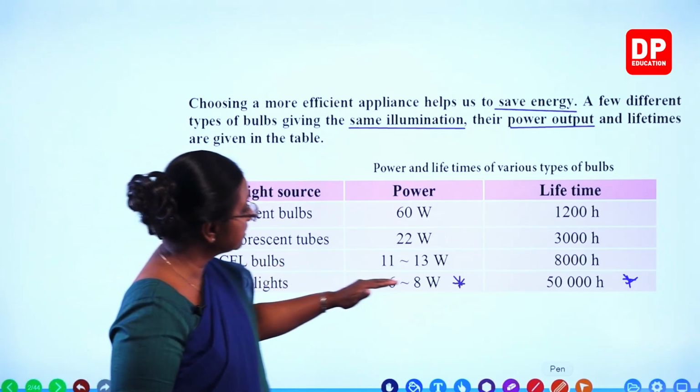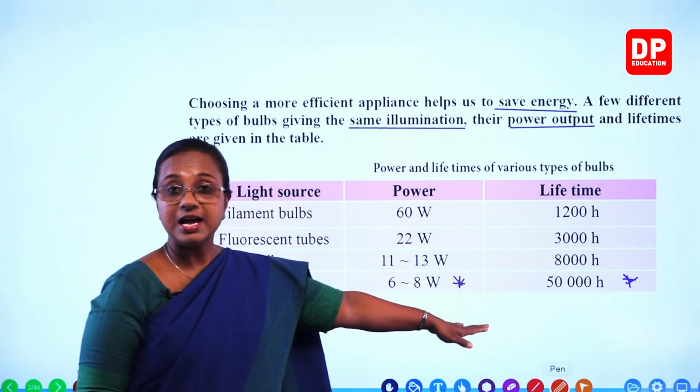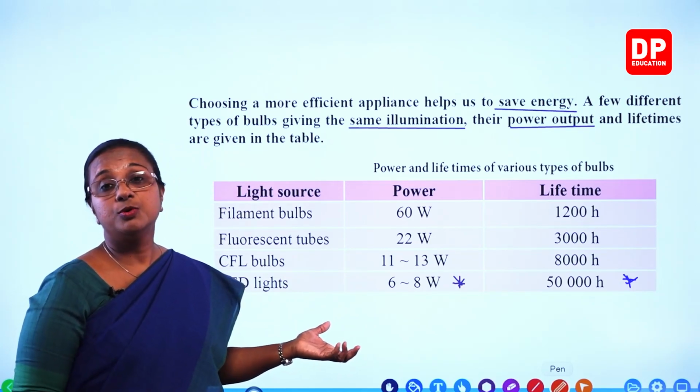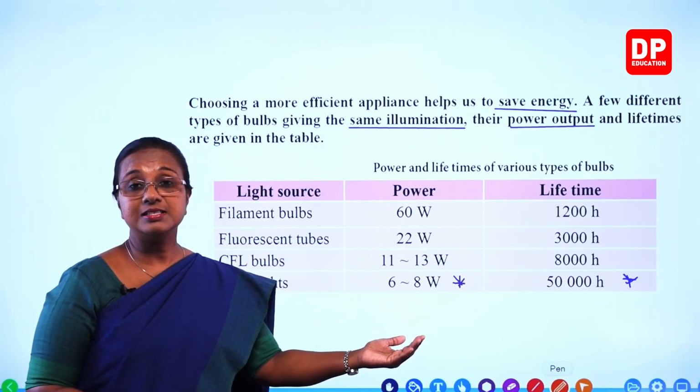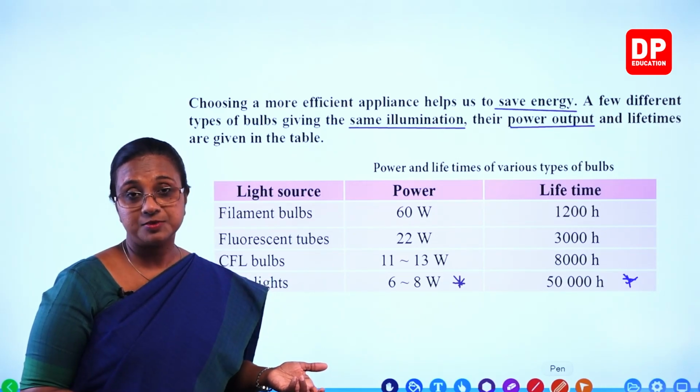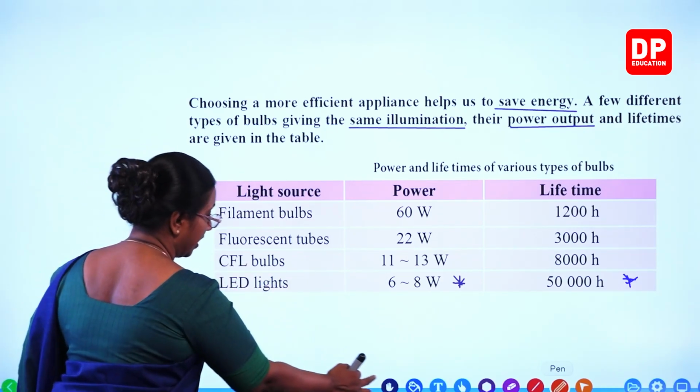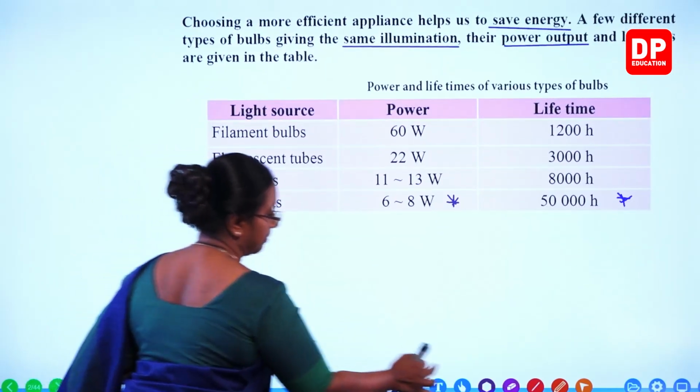But if you consider their power consumption and lifetime, LED is more efficient. For the price you pay, it lasts longer and uses less power. So the most efficient one is the LED bulb.